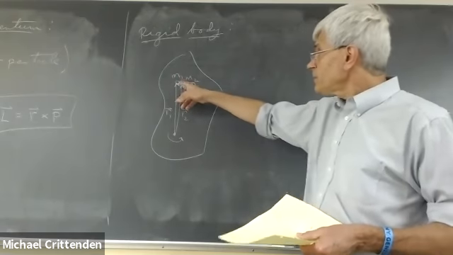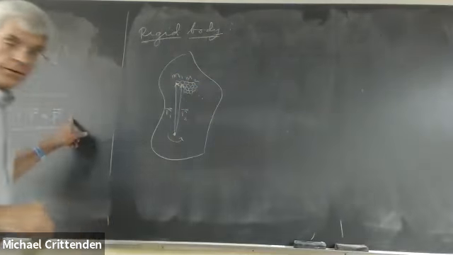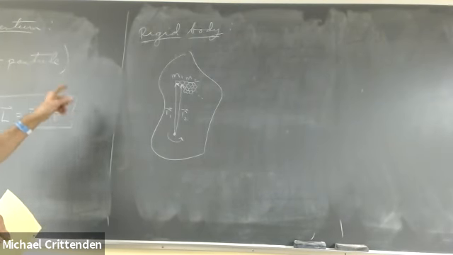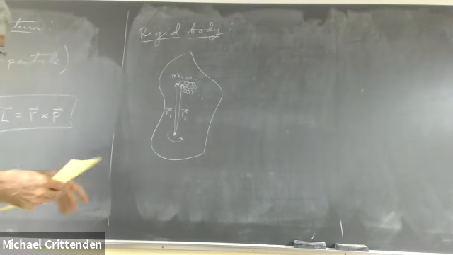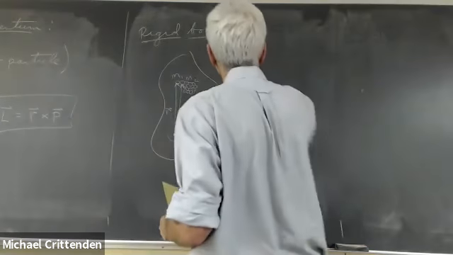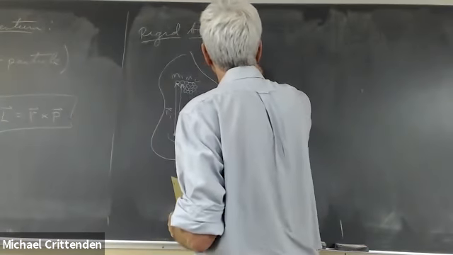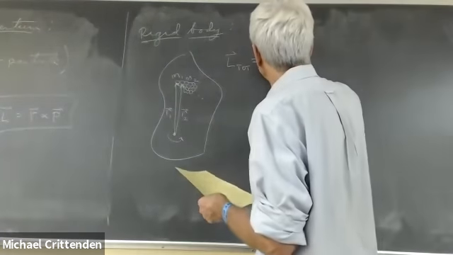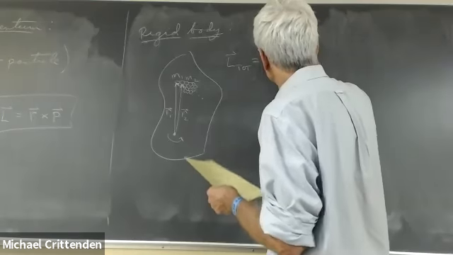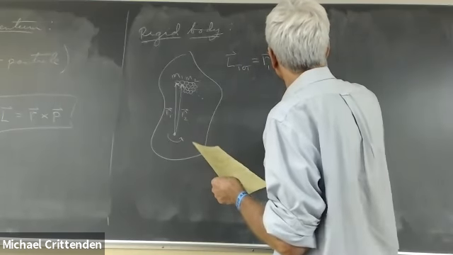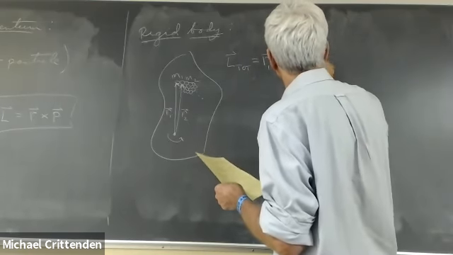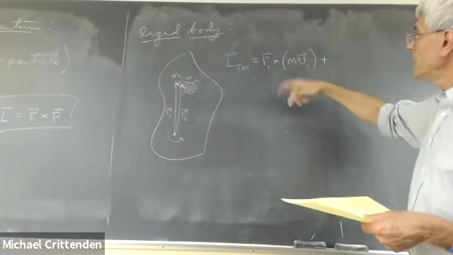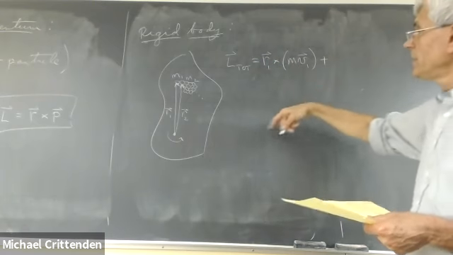The angular momentum of each one of those little pieces is the thing I was just talking about back here: r cross p. So the total angular momentum of the entire body is r1 cross p1, where p is equal to mv.